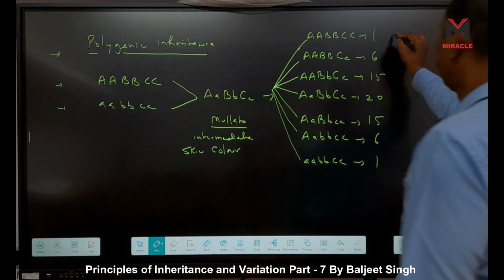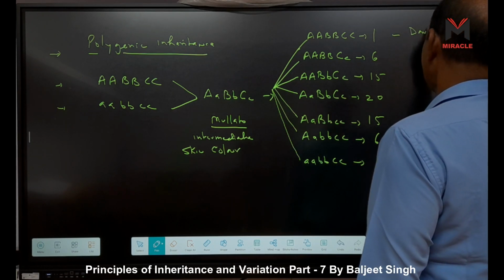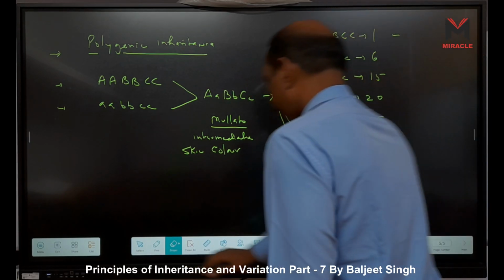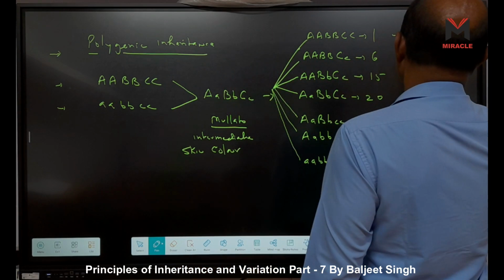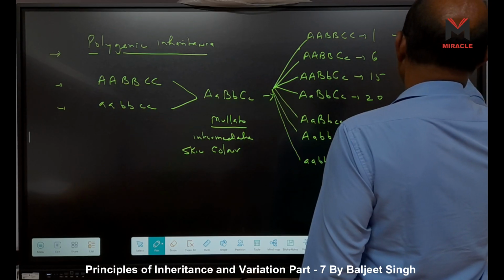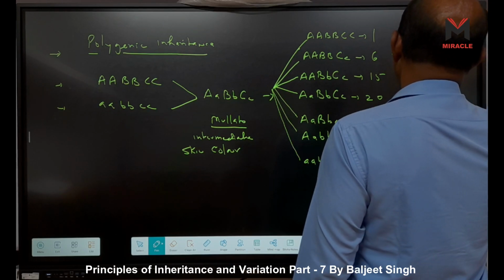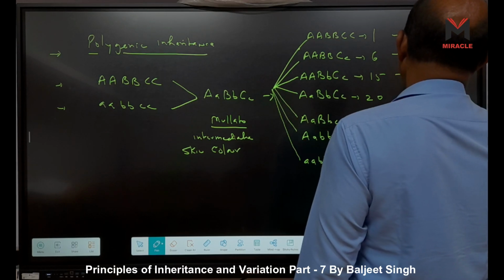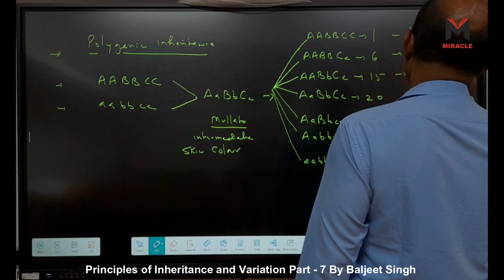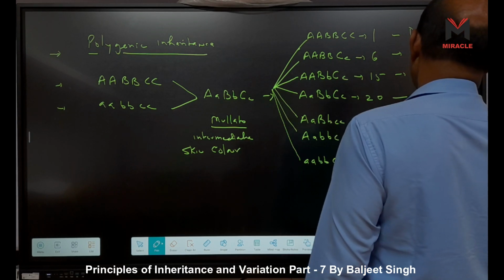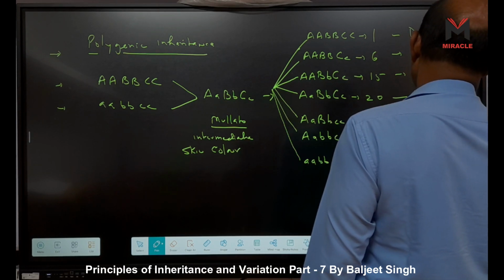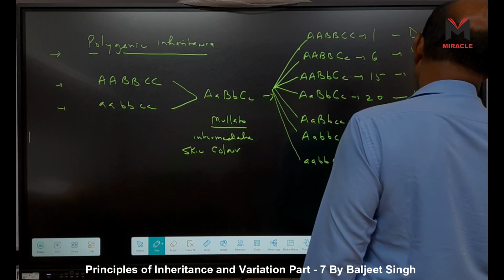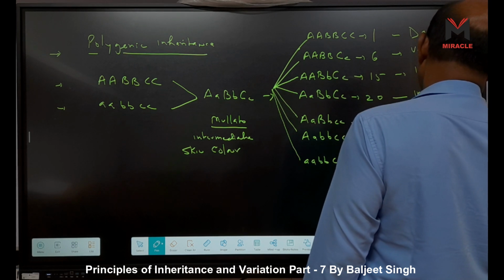So this one is the darkest skin. This one we can say is very dark but not darkest, light dark. This one is intermediate, or we can say mulatto, right?